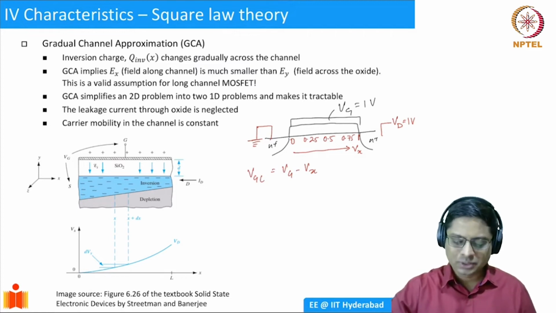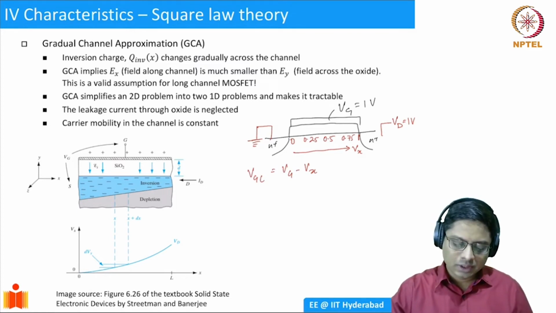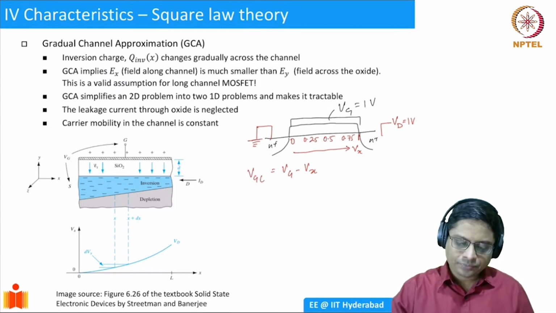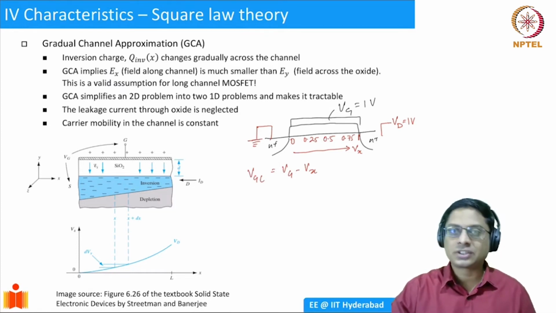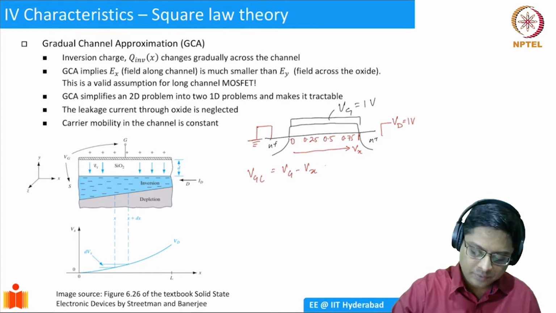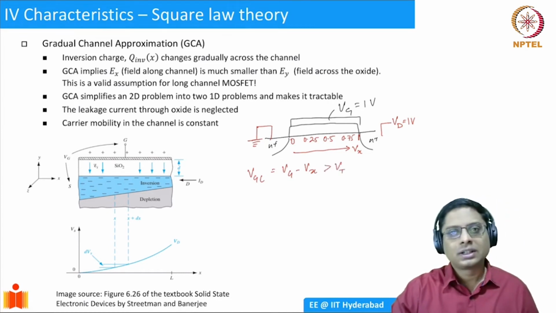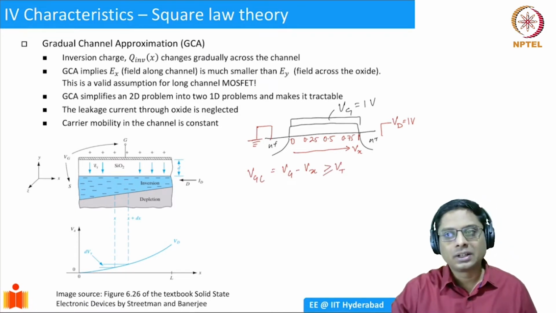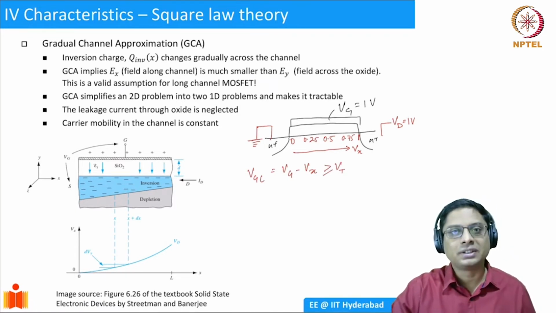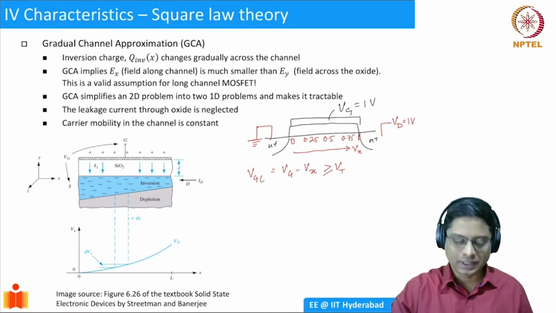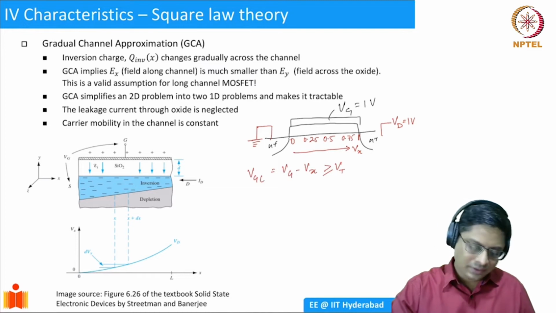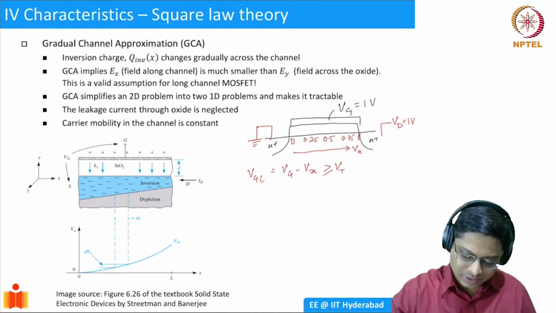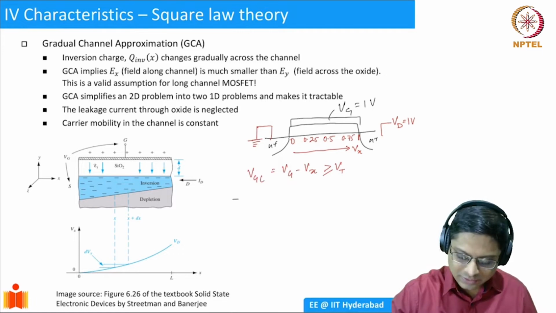And so this VGC has to be greater than, or greater than or equal to, Vt. What happens if VGC is less than Vt? Then there is no inversion charge at that location. Because of that, we drew this picture towards the end of the last lecture, wherein you have this sort of a thing.